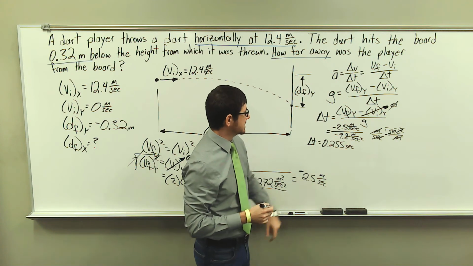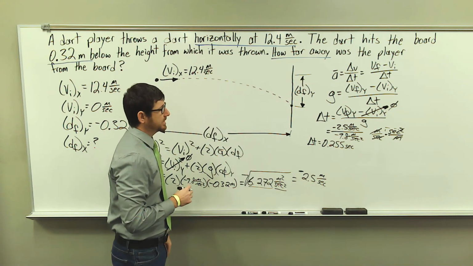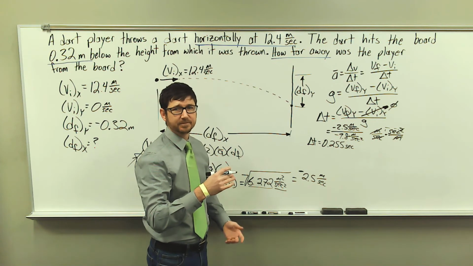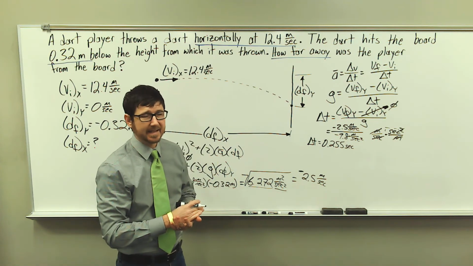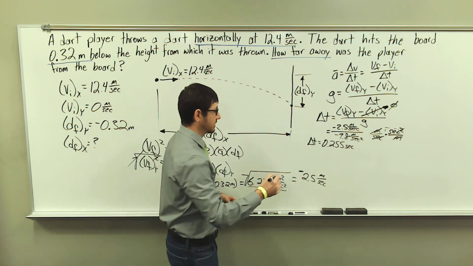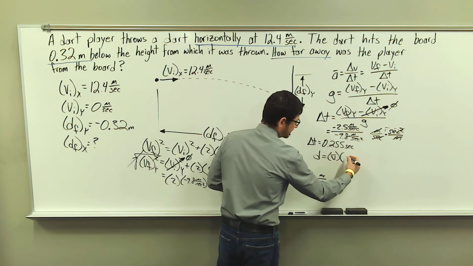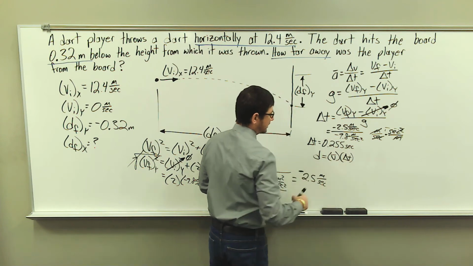Okay? Now, we know that we can calculate the displacement of an object if we know the average velocity and the time. So that is d equals v bar delta t. Okay?